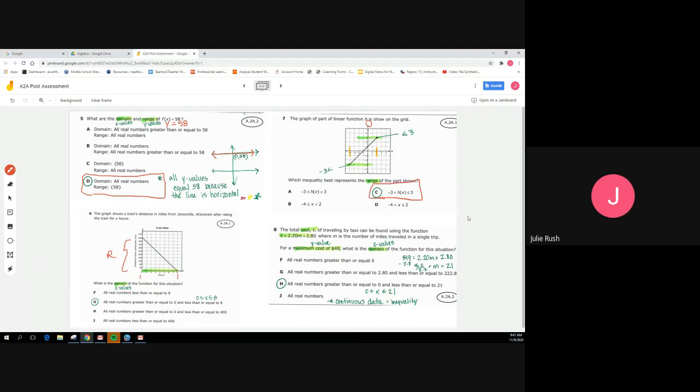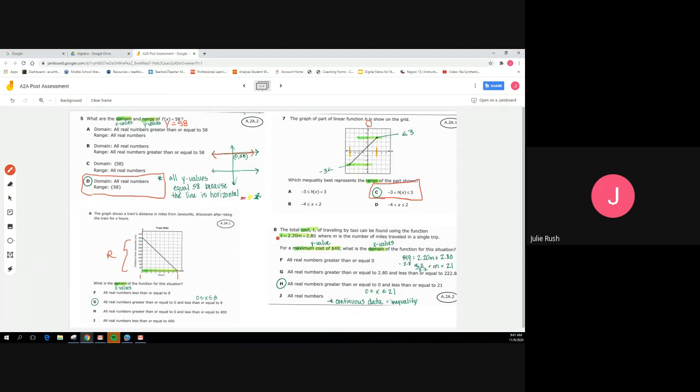Question 8 says the total cost T of traveling by taxi can be found using the function T equals 2.20M plus 2.80, where M is the number of miles traveled in a single trip. For a maximum cost of $49, what is the domain of the function for this situation?